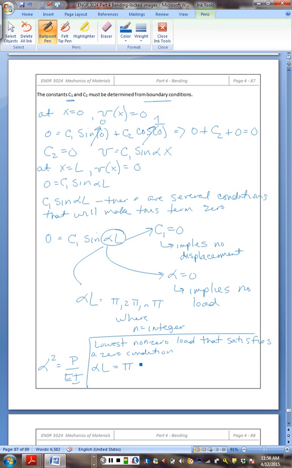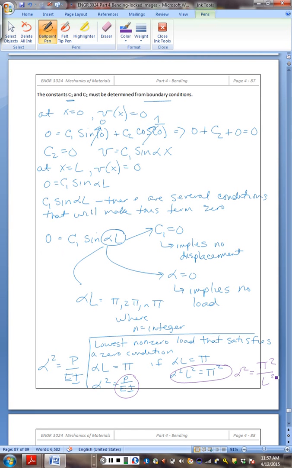Alright, so if our alpha L equals pi, then alpha squared L squared equals pi squared, and we know that alpha squared equals P over EI. Well, if we take this definition of alpha squared and solve this for alpha squared, we see that alpha squared equals pi squared over L squared.